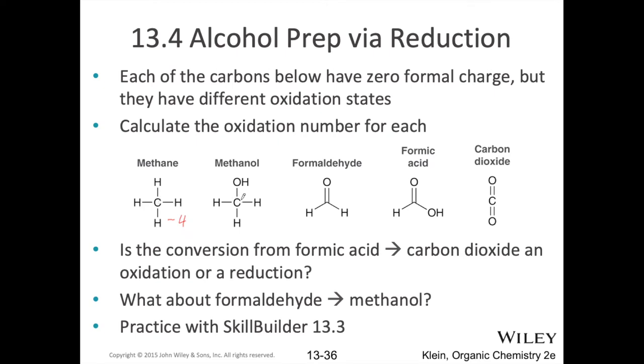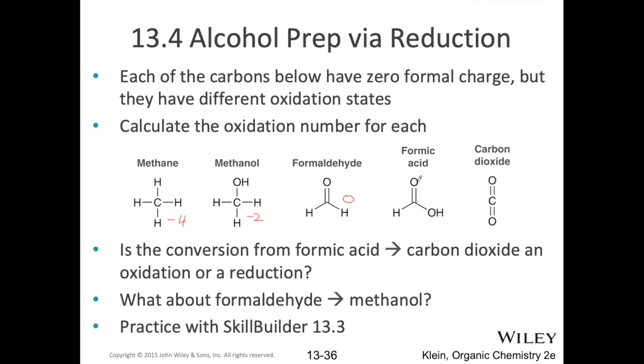When we have methanol, as we saw earlier, that oxidation state increases to -2. Likewise, if we go to formaldehyde here, if we break these bonds to the oxygen heterolytically, that oxygen is going to take both sets of electrons, but the carbon would take two electrons from the hydrogen. So the carbon here has a 0 oxidation number.